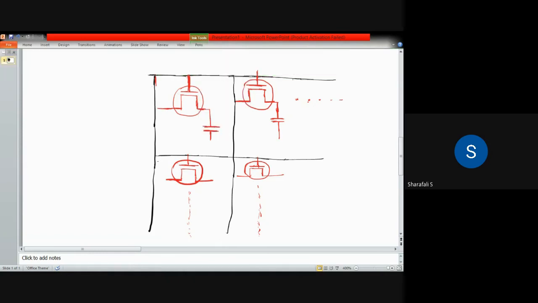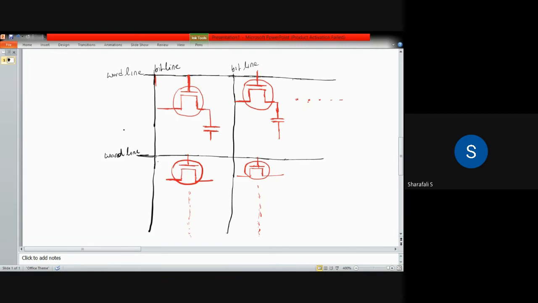This is the word line, and these are the word lines, and this is the bit line. This one is the bit line. This is also a bit line. This is the word line.